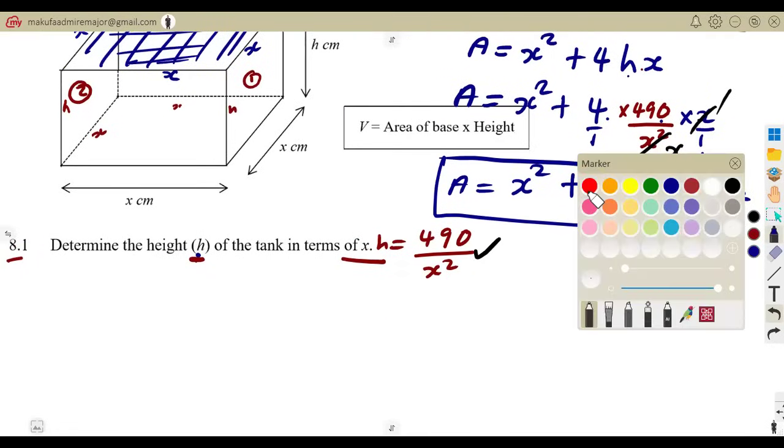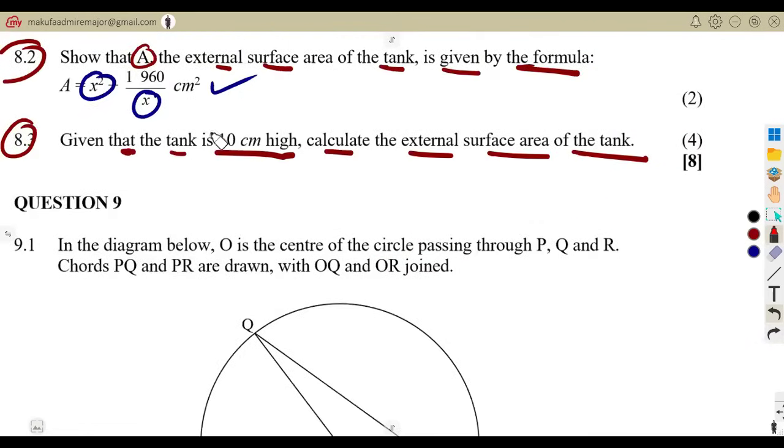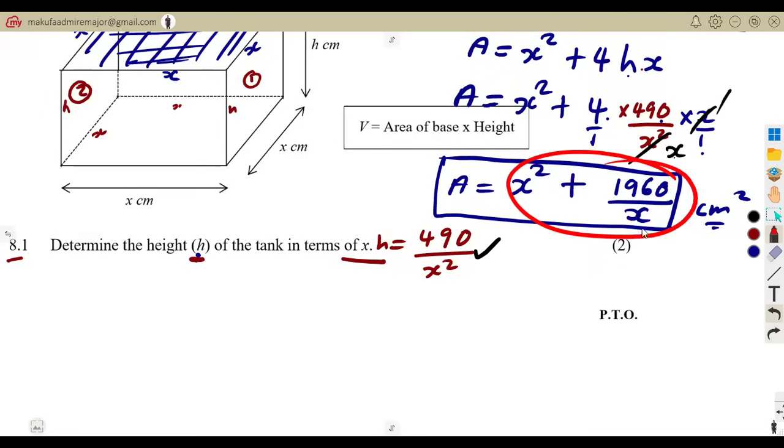But our area is not given in terms of the height. No, look properly, guys. Your area here is written in terms of x. But they gave us the height to say the height is 10. Why are they giving us the height? Where we have x, we must find x.